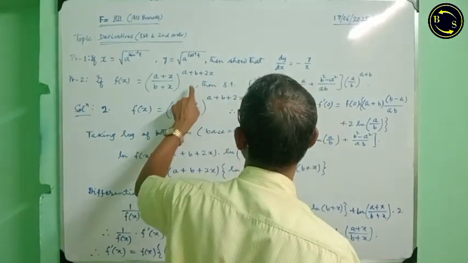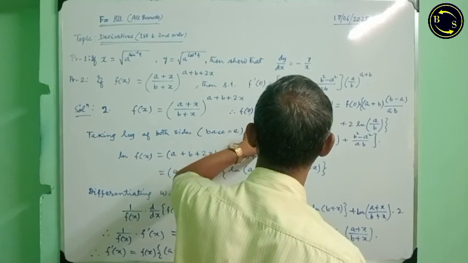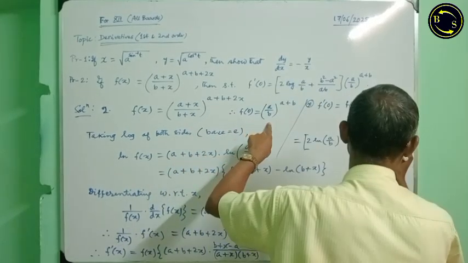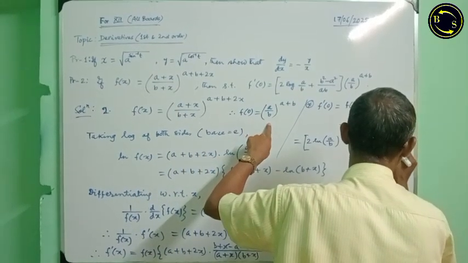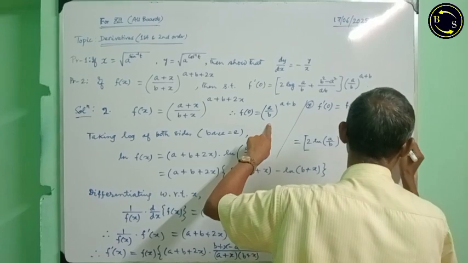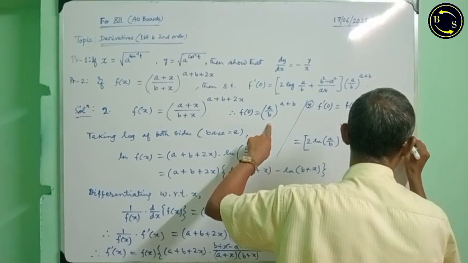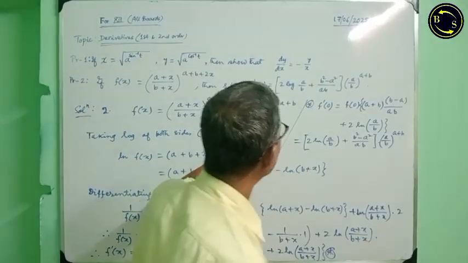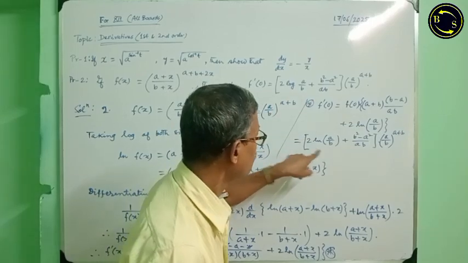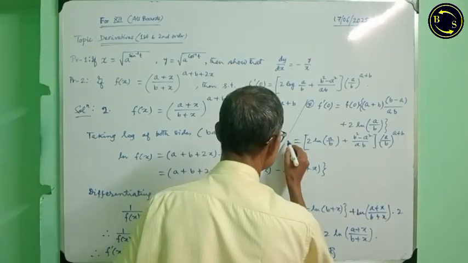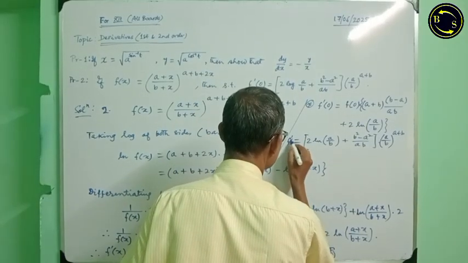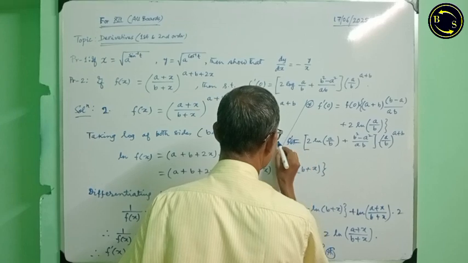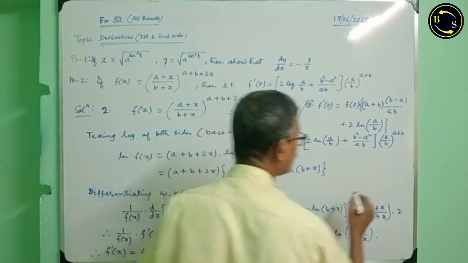Already we have found f(0), this one, thus we have got the result f dash 0. Proved.